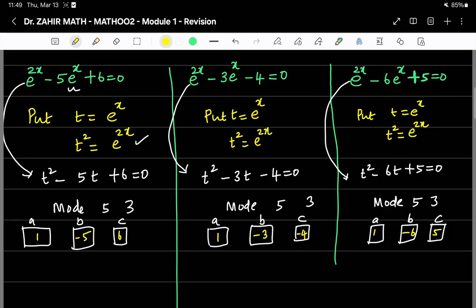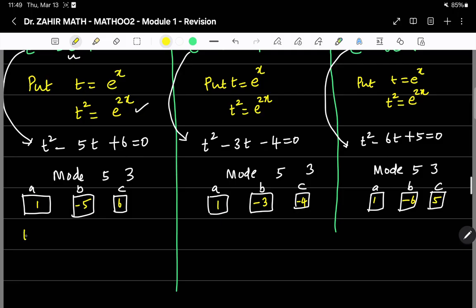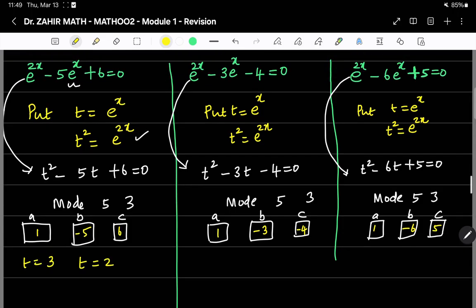Let me start again. I put 1, minus 5 and plus 6. So I get the answer 3 and I get the answer 2. So t is equal to 3 and t is equal to 2. That was t square minus 5t plus 6.